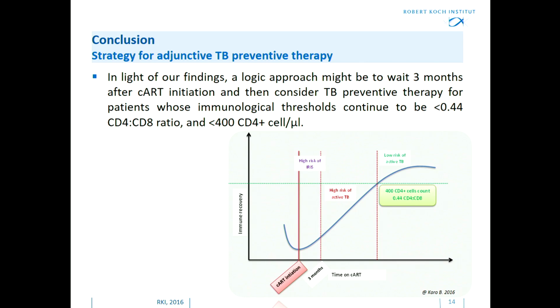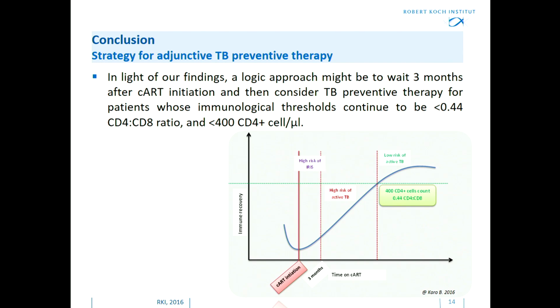If we want to draw a conclusion in light of our findings, we can say that after the initiation of antiretroviral therapy, it's logical to wait 3 months to exclude unmasking tuberculosis cases, because we don't want to treat patients with active tuberculosis with monotherapy as preventive therapy.